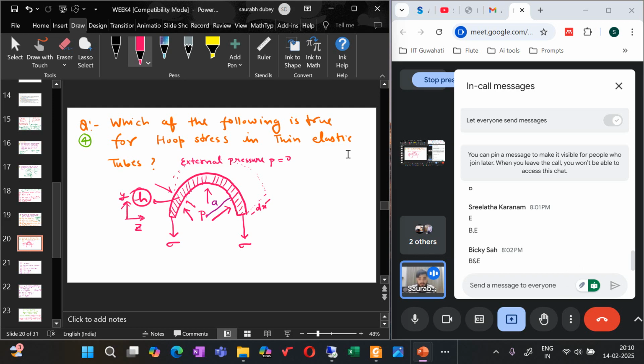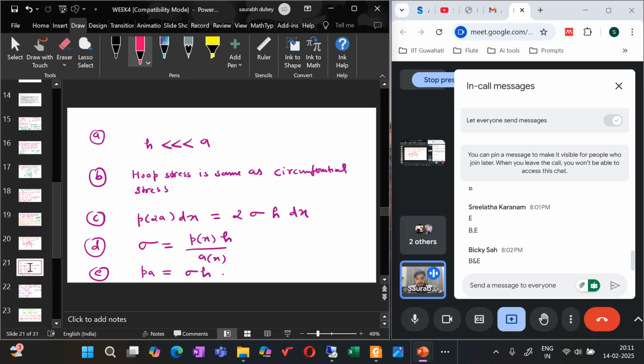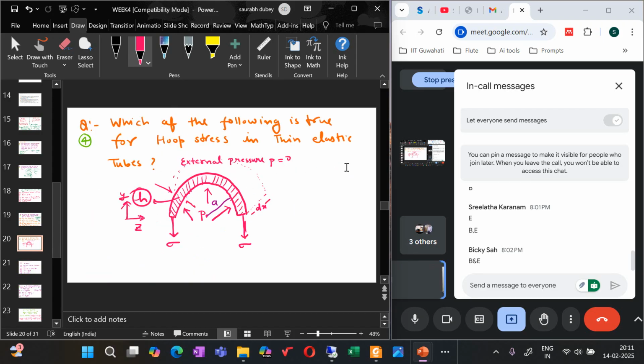Here internal pressure is p, obviously the external pressure we have assumed to be 0, so that we are only looking at the flow happening inside the tube, and because of that there is some inherent pressure, and that keeps the tube filled, not collapsed, right? And these are the hoop stresses acting at the wall. This is a subsection of the thin wall that has been taken into consideration, and the options are these. Option A is for this particular hoop stress in this thin wall.